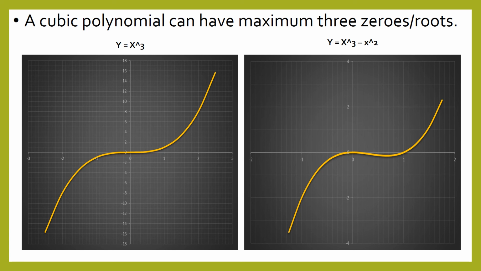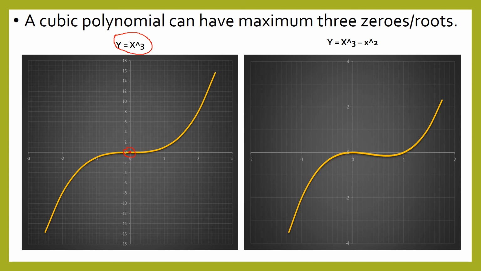When we try to plot y equal to x cube, you will find a curve like this, which intersects the horizontal axis only at one point, that is the origin. So it has only one zero.